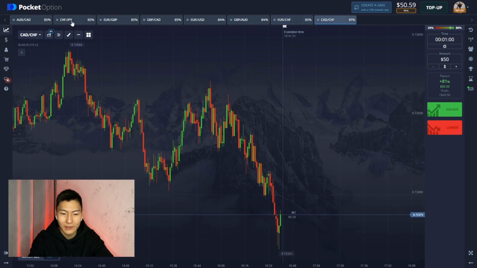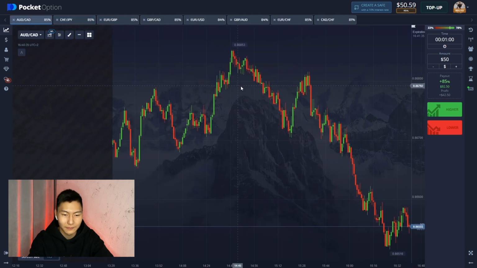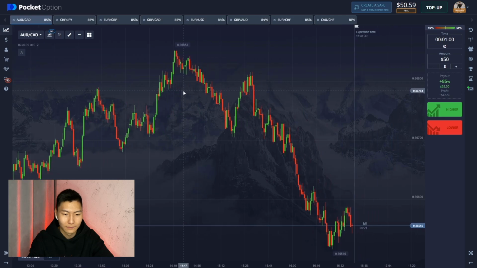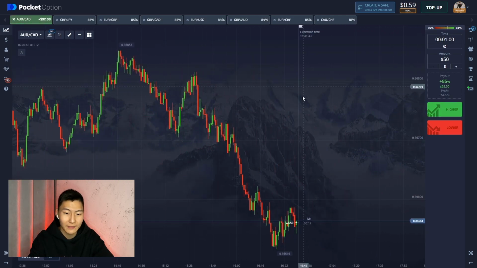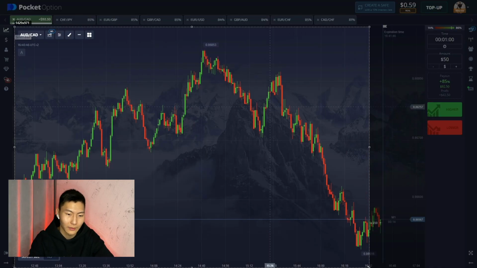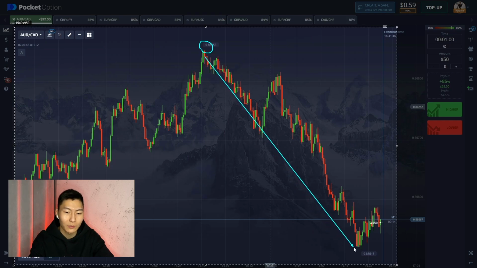Let's continue analyzing and find the most promising trend entry. So the right move is to open a long position, guys. I will select the workspace. Look, we see that the trend was upward before, then the update of the local high took place, and then the correction started gaining momentum.